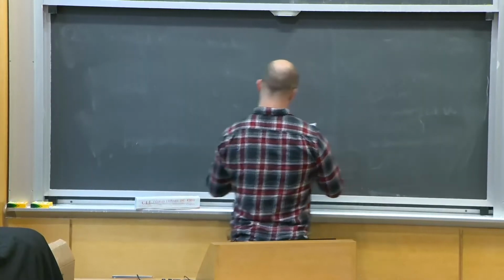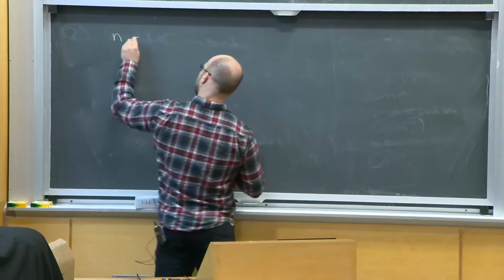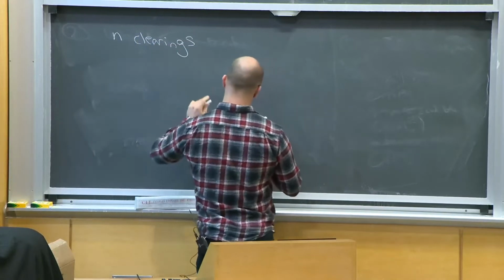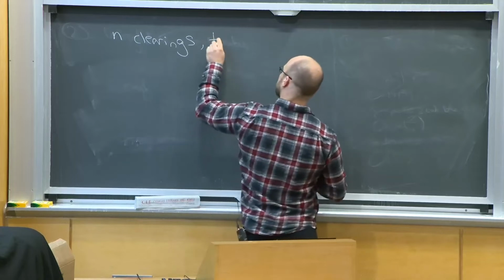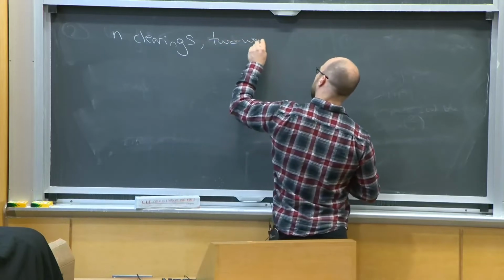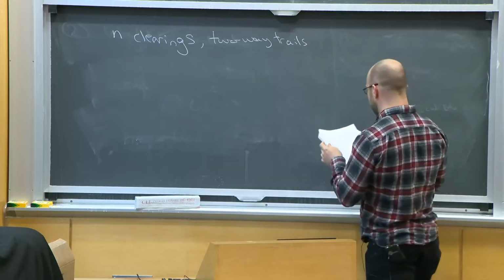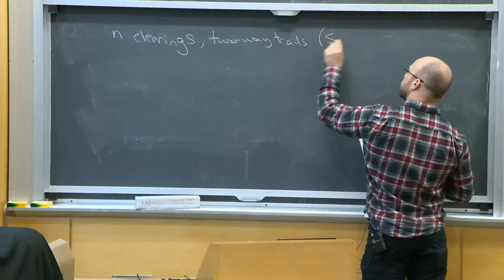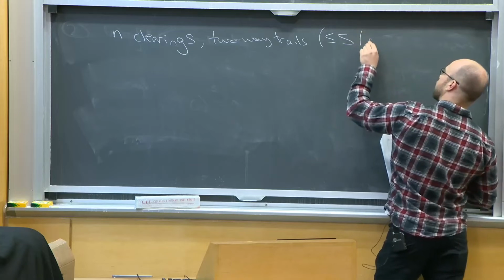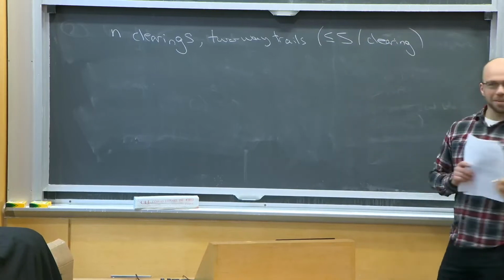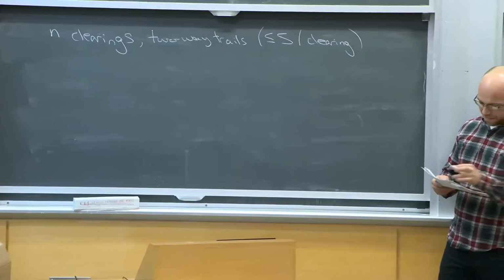Okay, so we have n clearings, and they're connected by two-way trails. And thankfully, there's less than or equal to 5 trails connecting in every clearing. This is our favorite detail to add to 6.006 problems, a degree bound, yep?